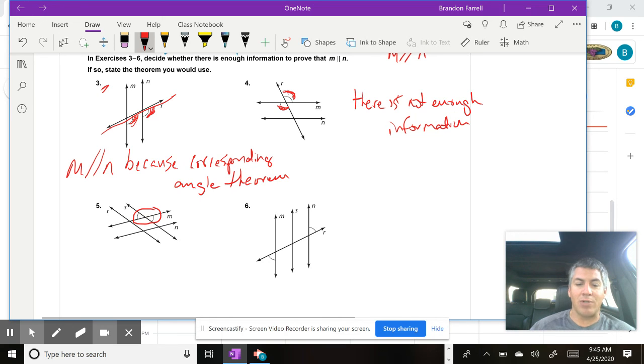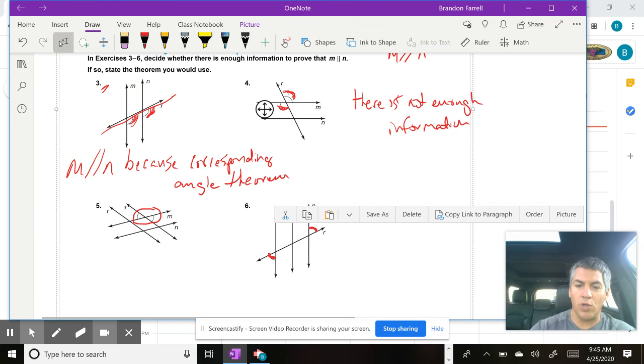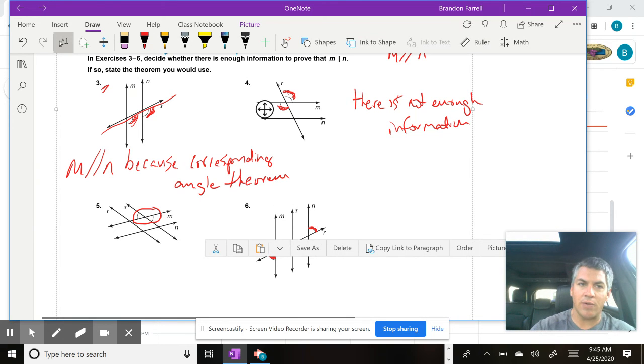All right. Number 6 does have something to do with N. We have one particular congruent angle that is an intersection between N and R, and another particular intersection between M and R, and those would be considered alternate exterior angles.